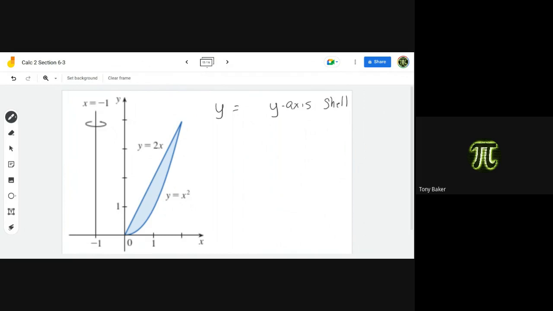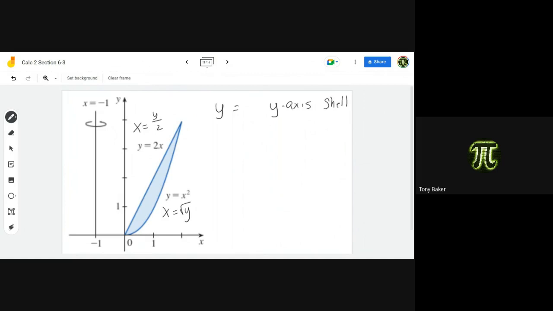If you wanted to do the disk method, you'd have to solve each of these. So you'd have x equals y over 2, and x equals the square root of y. You'd have to switch those two to do it as the disk method. So it's really which one's easier for you to work with.